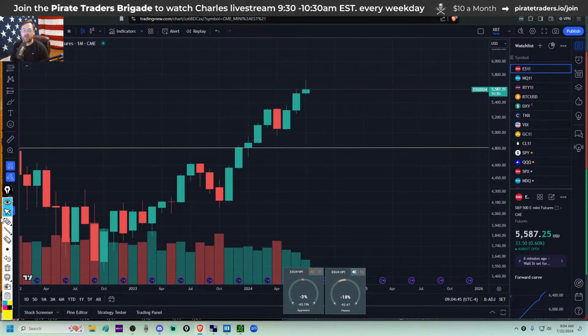Well, for one thing, we have momentum on the monthly chart. We are making higher highs and higher lows for the last few months. That is a sign that the market on a bigger time frame, over the next few months, still has momentum and can continue higher. However, we have a very large wick forming.